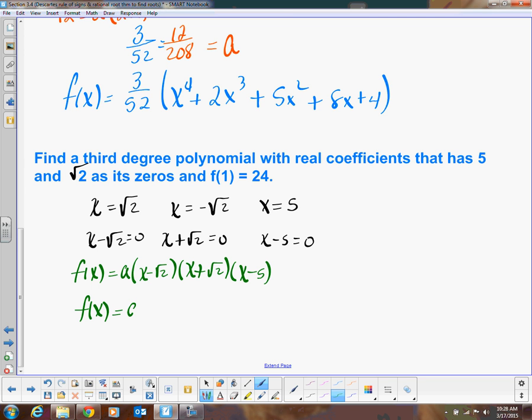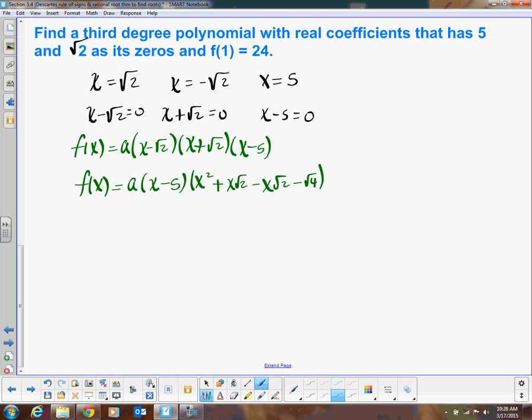I'm going to put my x minus 5 in front, and now I'm going to do this multiplication. x squared plus x square root of 2 minus x square root of 2 minus square root of 4. So f of x is equal to a times x minus 5 times x squared minus 2. So now we're going to go ahead and FOIL some more.